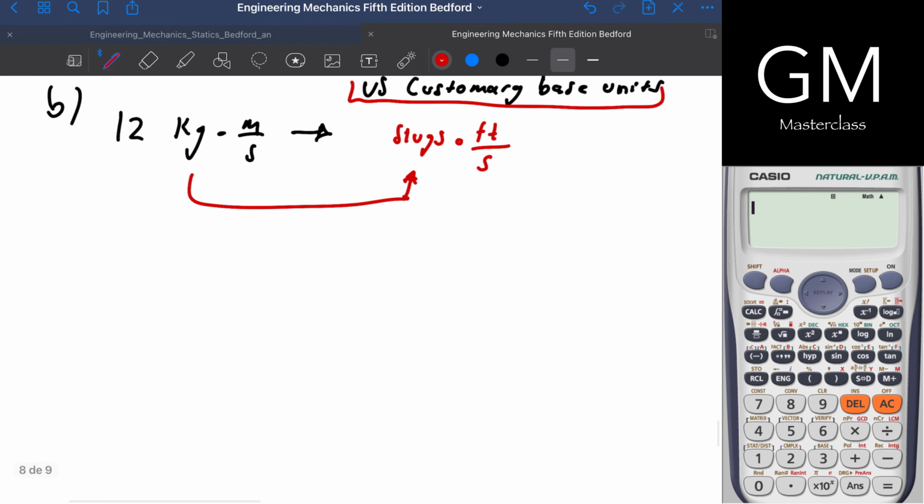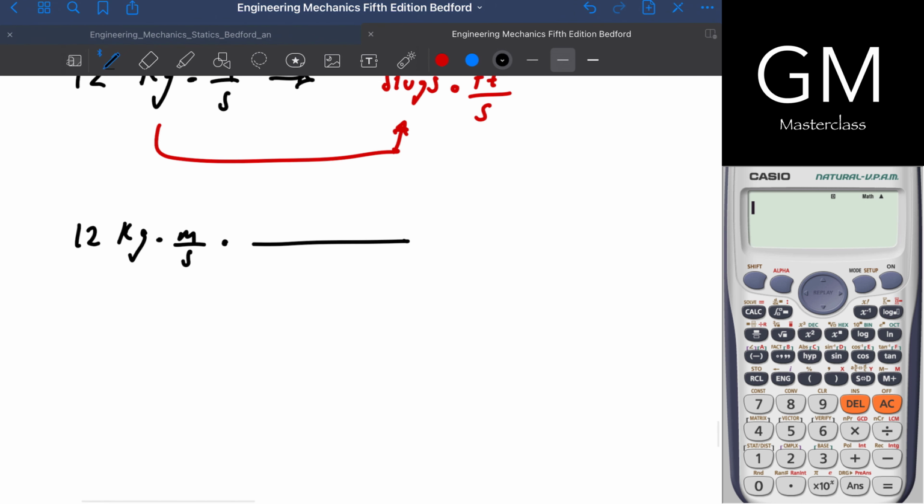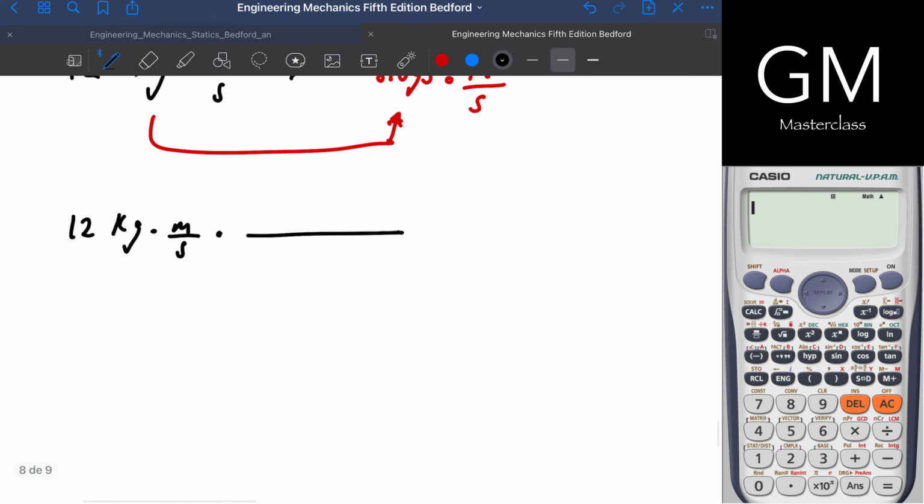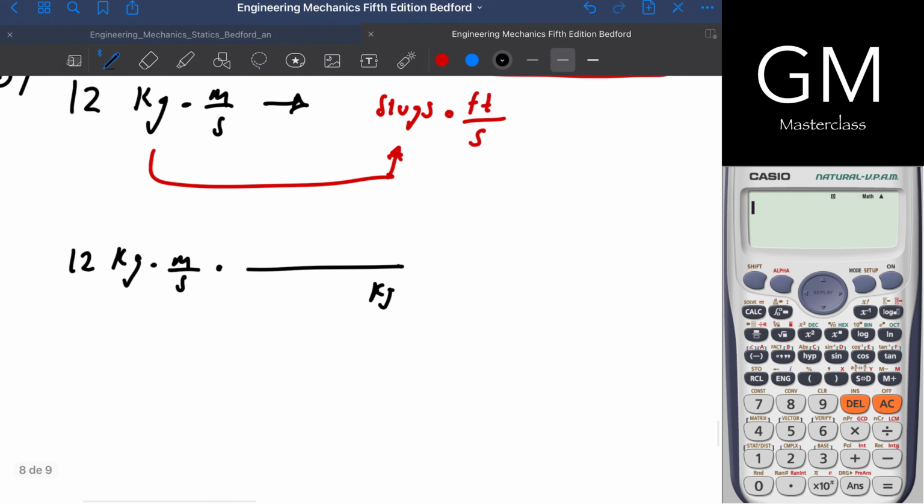Then, for me to do this, I gotta multiply this by a division, in which I'll have the kilograms on the denominator part of the division and the equivalence into the units that I want to get, slugs, on the numerator part of the division.